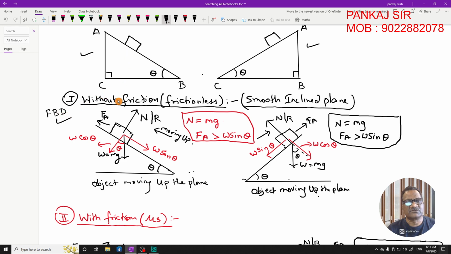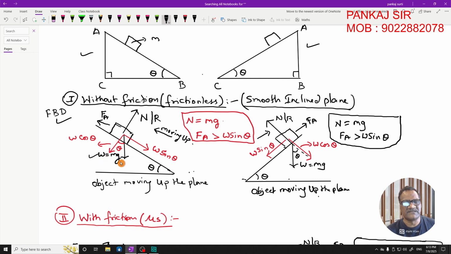On this inclined plane, you can see this object is being placed. The object will have a mass of m. First of all, when it is a frictionless inclined plane, the forces acting on this block will be the weight of the block, which is equal to mg, that is this one.